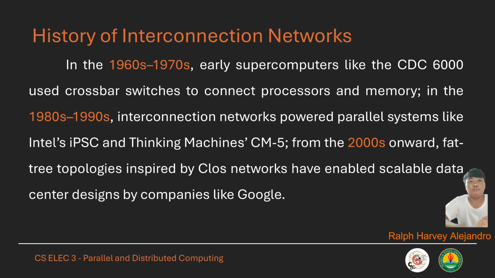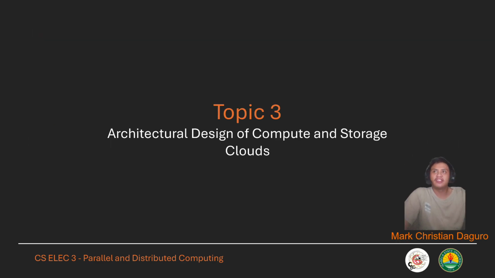And for the 2000s to the present, the history is inspired by telephone network designs. Fat-tree was adapted for scalable data center networks by researchers like Charles Clos and Google engineers. Thank you.